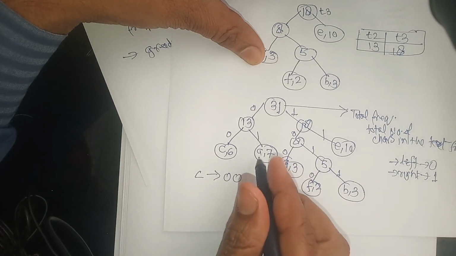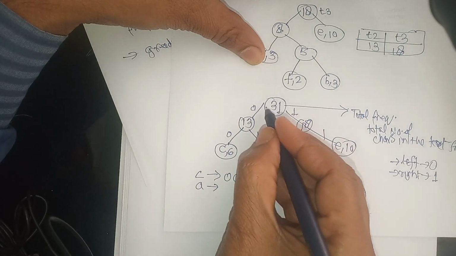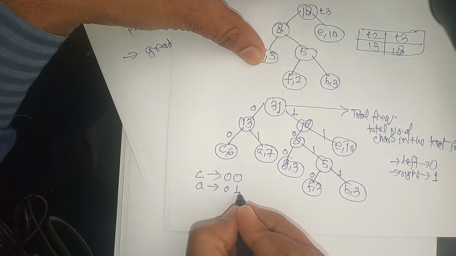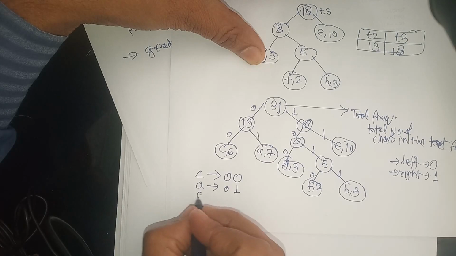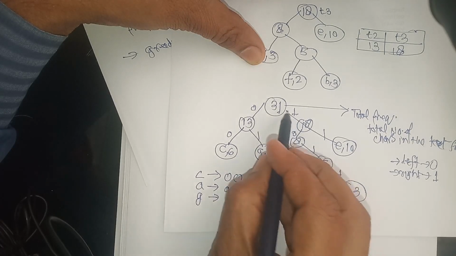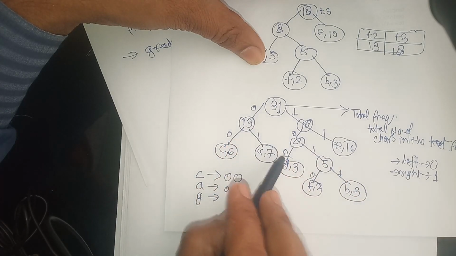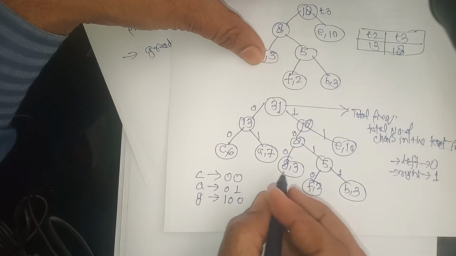And after that, code for A is 0 then 1, so it will be 0 1. After that, we can find G code. To reach G, we have to traverse from the root: 1 0 0.